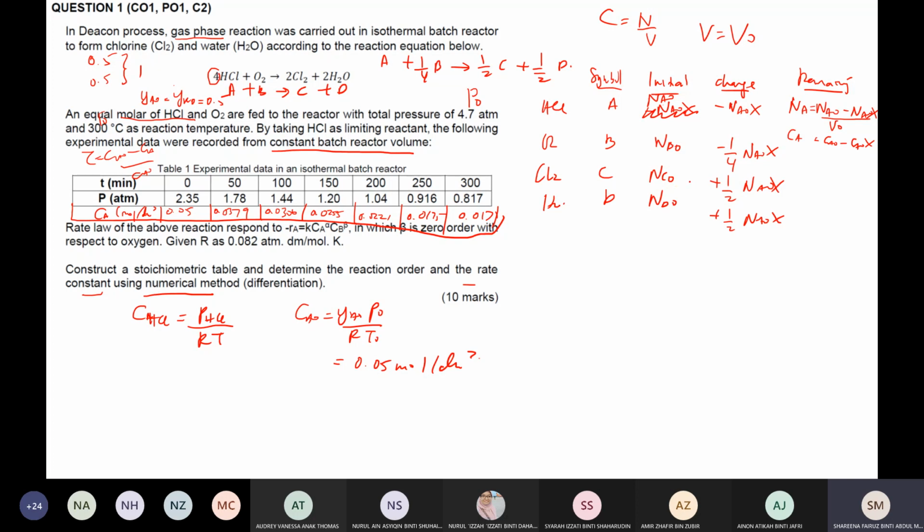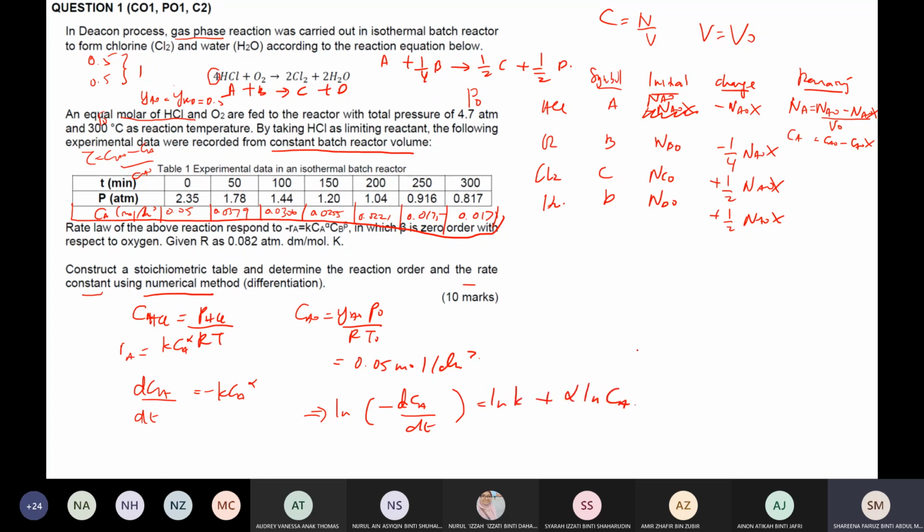Differential method. Okay, differentiatekan dia. So let's say we have kita akan differentiatekan in term of start daripada Ra is equal to K Ca, alright, to the power of number kita tak tahu apa dia. Okay, so we have dCa over dt is equal to negative K Ca. Okay, so daripada sini buatlah ln negative dCa over dt is equal to ln K plus with the alpha ln Ca.